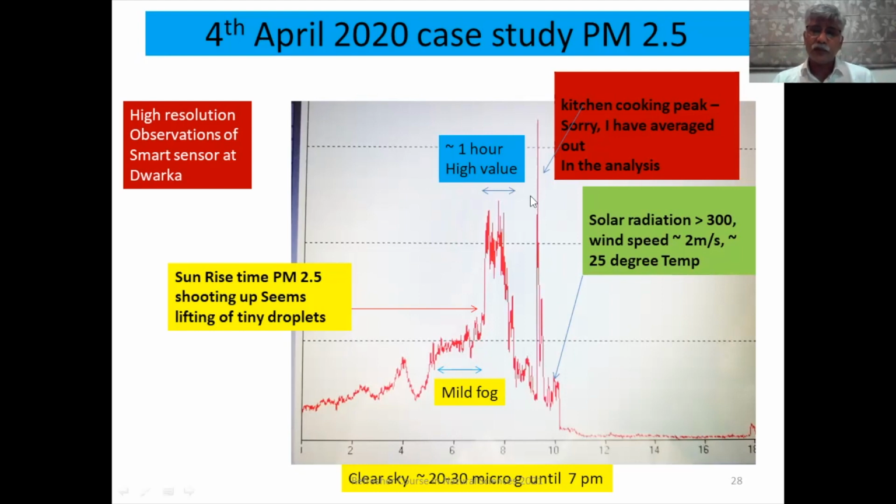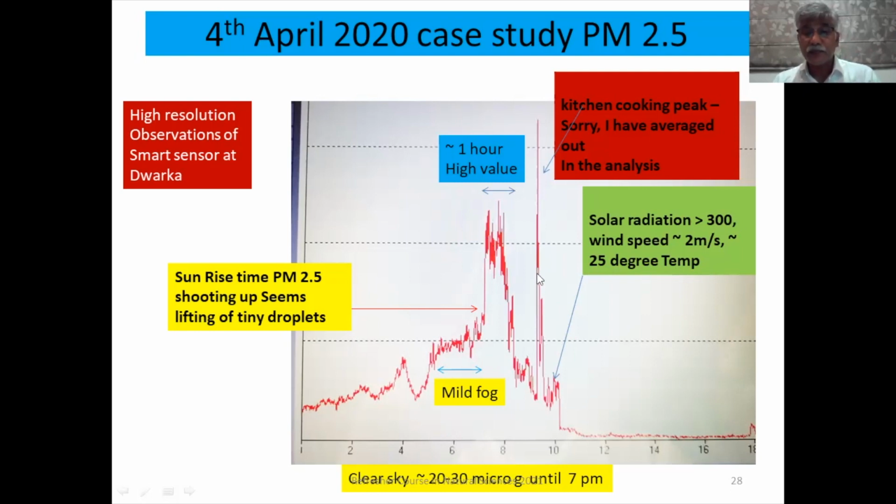It took about 60 days for me to realize this. Every day I took observations during lockdown, and then realized that this is all happening because of the evaporation. We then finally published this paper, and they accepted it without much argument.